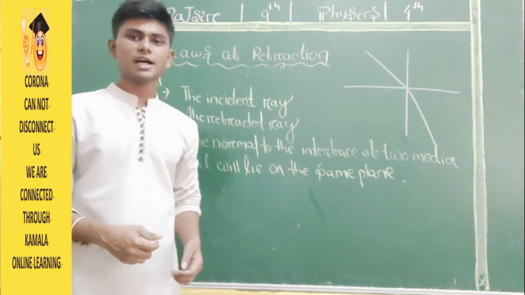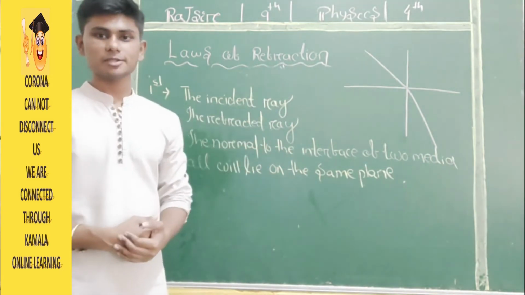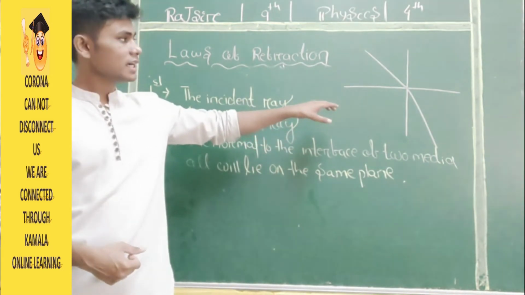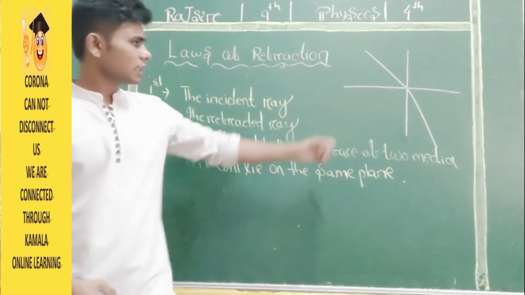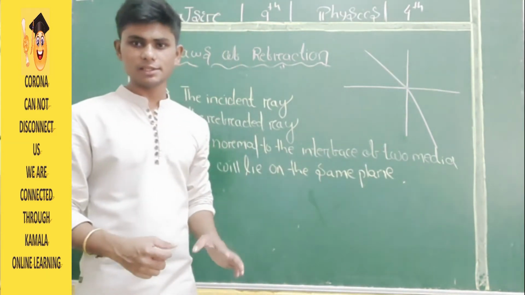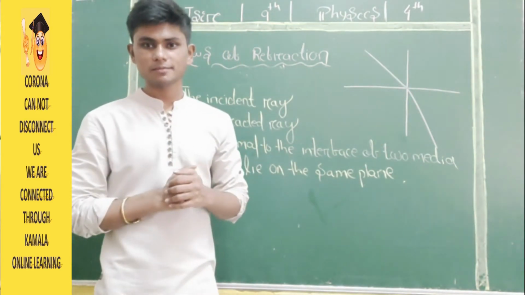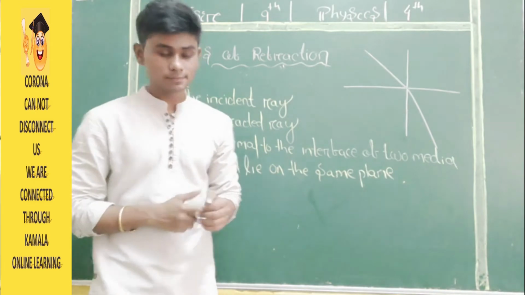As you can see, I can draw everything on the blackboard. On this very green board, I have drawn each and every angle. Nothing is coming out, nothing is three-dimensional. They all are lying on the same plane. So this is our first law.